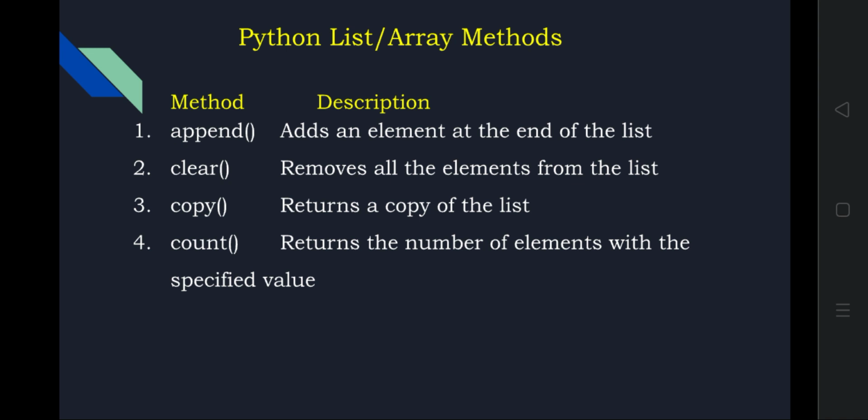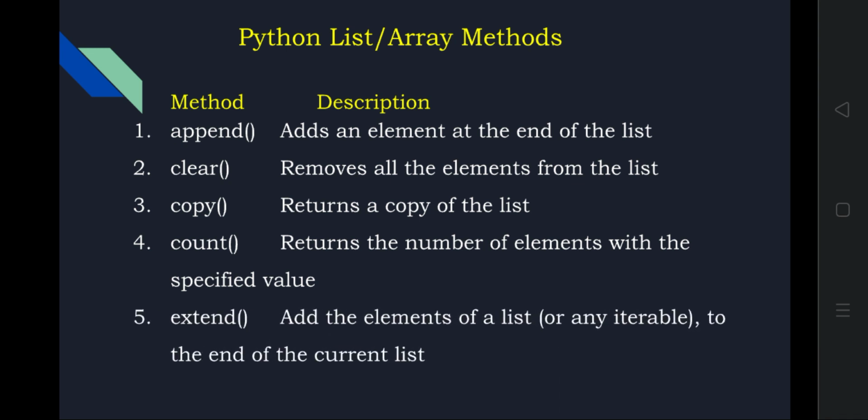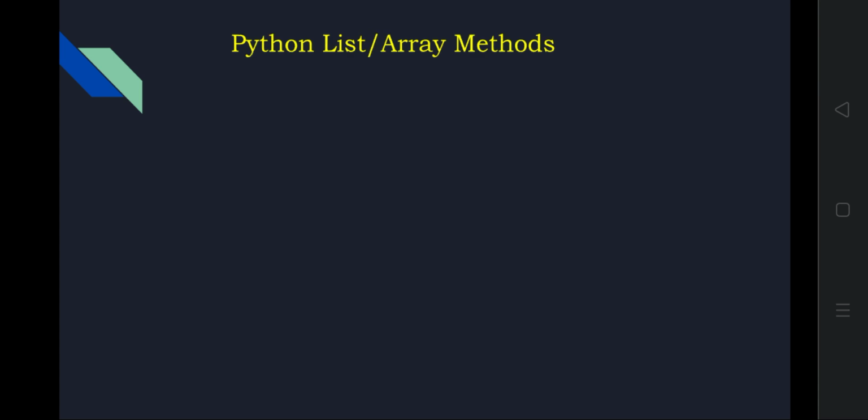So if you want to see how many elements are duplicated, at that time we can use the count function. And extend is the function that adds the elements of a list or any iterable to the end of the current list. That means you can add one list to the other list. That is the process done by the extend function. That means we are extending the list using the other list also.